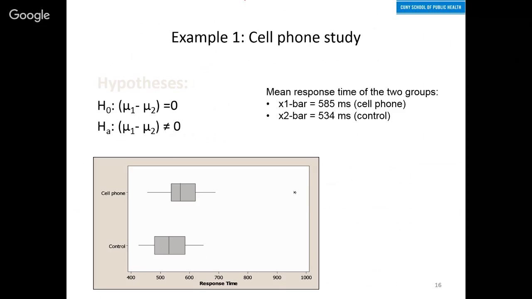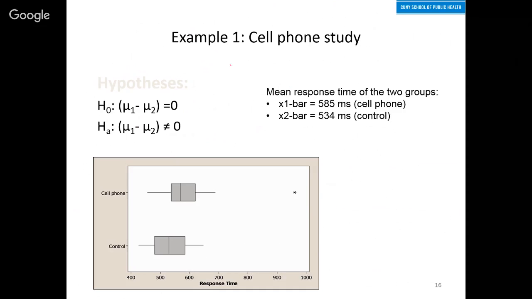So recall the cell phone study. We looked at it both as a paired test and as an unpaired test. In the unpaired example, we had two independent groups of participants, each taking this driving test. One group was doing it undistracted, and the other one was doing it while using a cell phone.